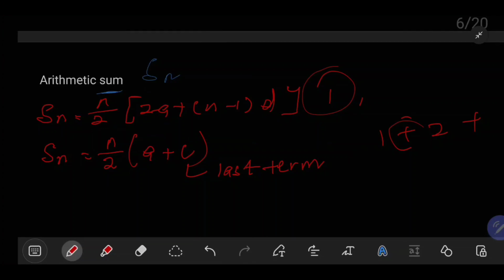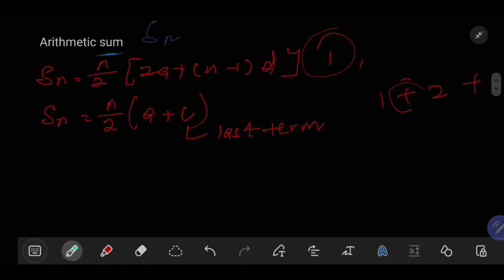For example, suppose you are given a pattern like this: 9 plus 11 plus 13 plus 15 plus, then the pattern goes on. This is an arithmetic series. Why is it arithmetic? Remember, in arithmetic we have what we call the common difference, or the constant difference.